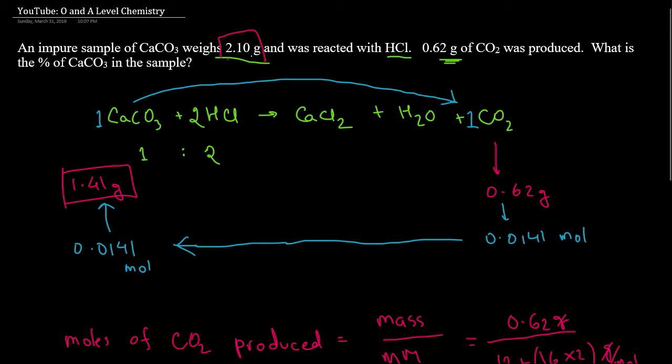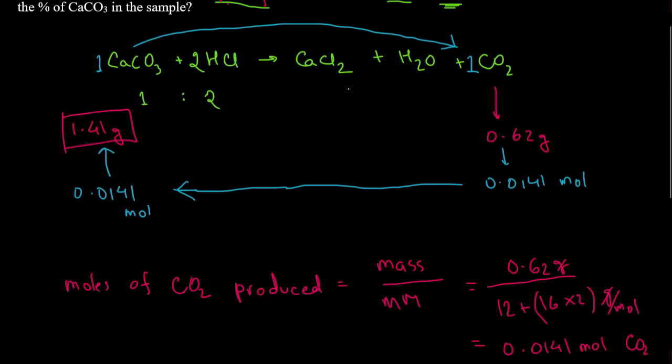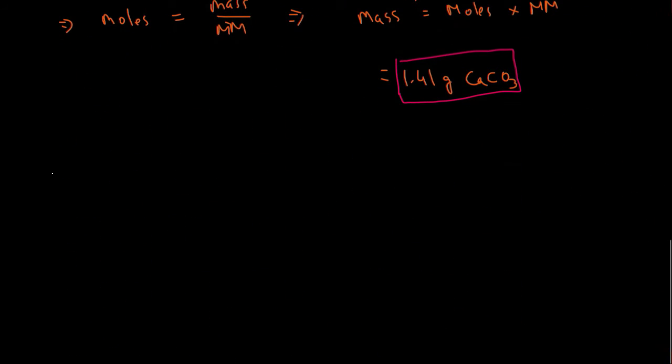This was the whole sample. So imagine you went out and you bought this sample from a shop. You bought 2.1 grams of CaCO3. So basically, let's imagine if this is the CaCO3 molecule, or if this is the sample, the whole thing is 2.1 grams.